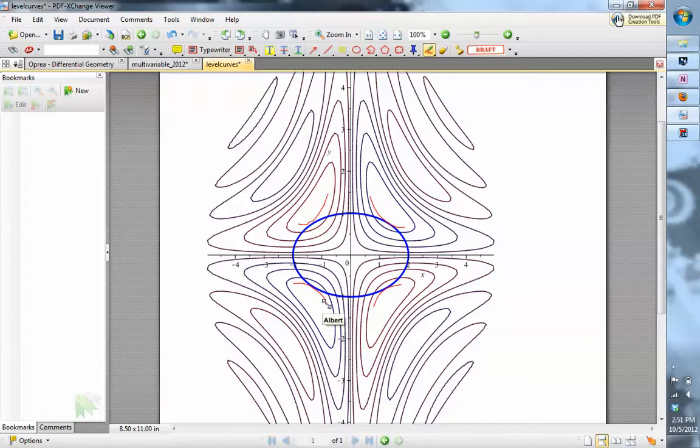And there's nothing special about the ellipse. What if I wanted to find the maximum along some line in the xy plane? It's probably going to be maybe right in there. There might be one right there.